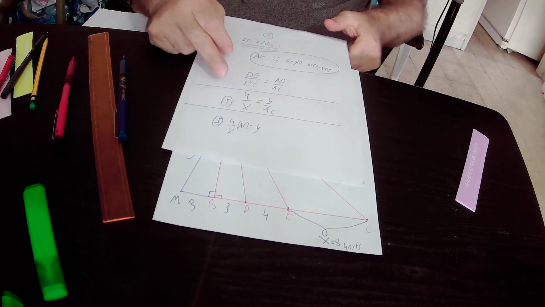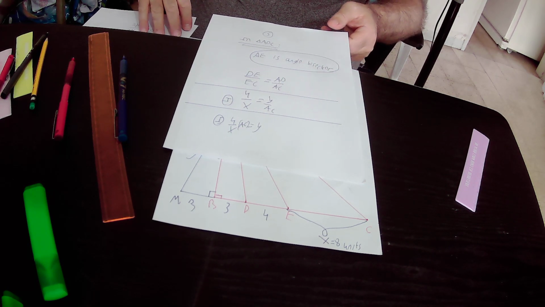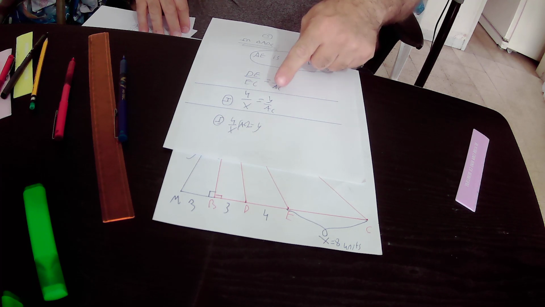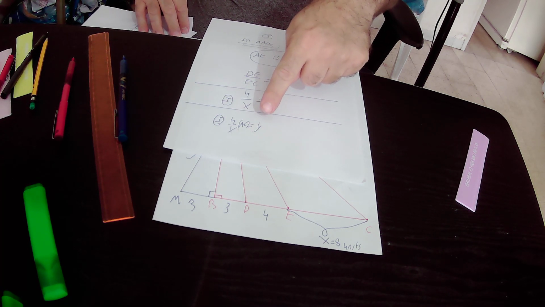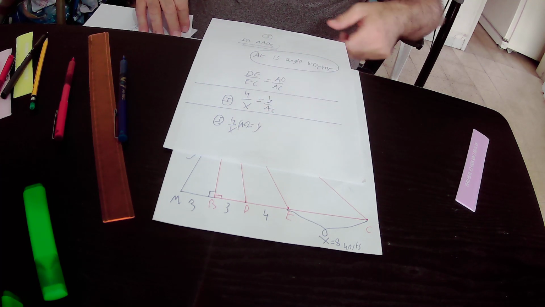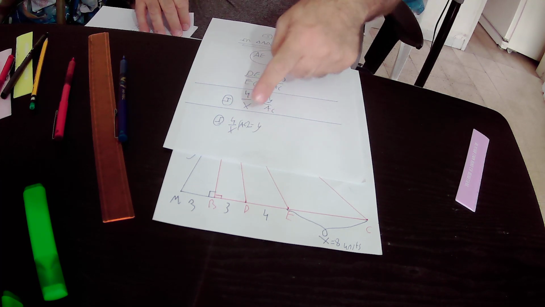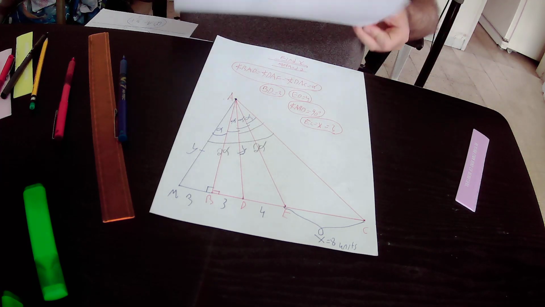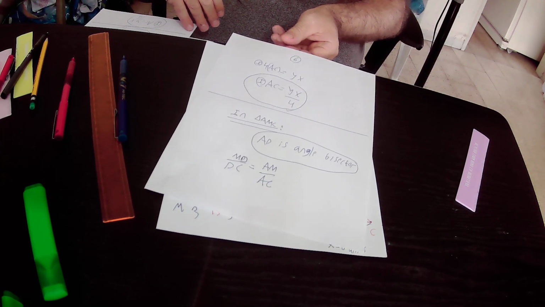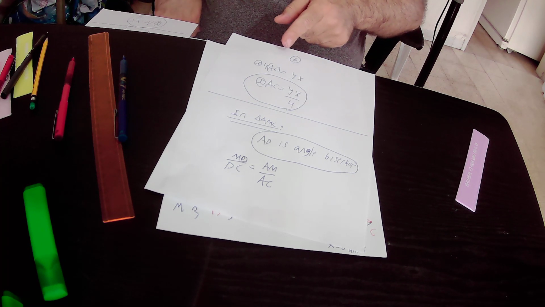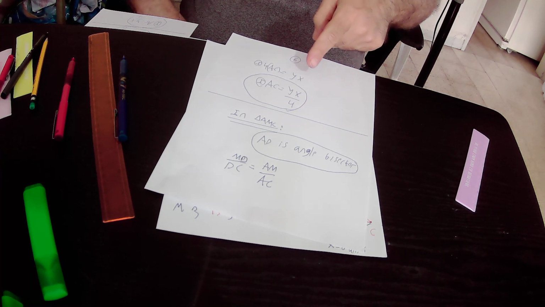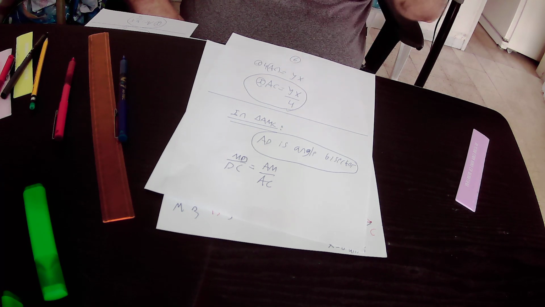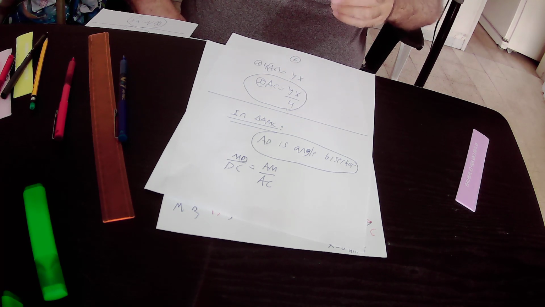From equation number 1, we multiplied this equality by AC, then multiplied it by X, and got that 4 times AC equals Y times X. We divided this equality by 4 and got that AC equals Y times X over 4. So we got the value of AC from equation number 1.